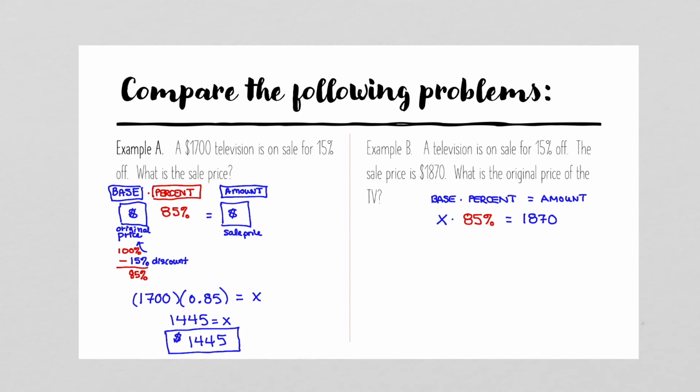And let me rewrite this equation. On the left side, I have X times 85%, or if I like, 0.85 times X equals 1,870. I'm going to divide both sides of my equation by 0.85.